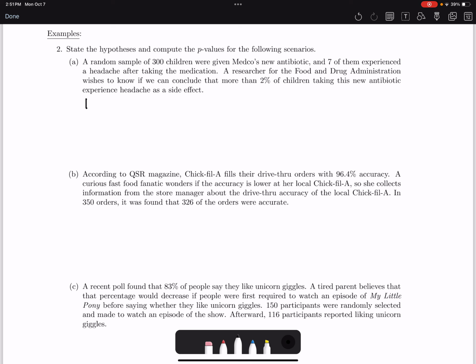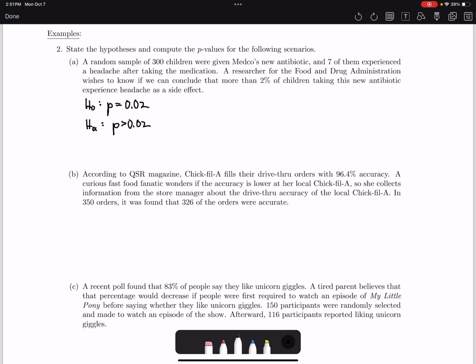So the null hypothesis is no, right? That the proportion of children who will experience headache as a side effect is 2%, the same as it is for every other antibiotic. The alternative hypothesis is that p is greater than 2%, right? That's the claim that the researcher is trying to tackle. They want to know if the proportion is more than 2%.